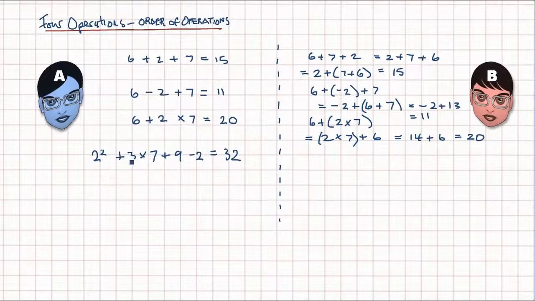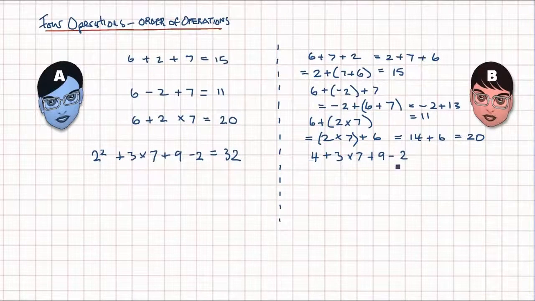They need to know that rule again, that with multiplication we have to deal with that first. So person B needs to rewrite this to make sure they're not going to get the wrong answer and that they're going to understand the problem clearly. So we can immediately work out the 2 squared to make 4. That's okay. But now we've got plus 3 times 7 plus 9 subtract 2.